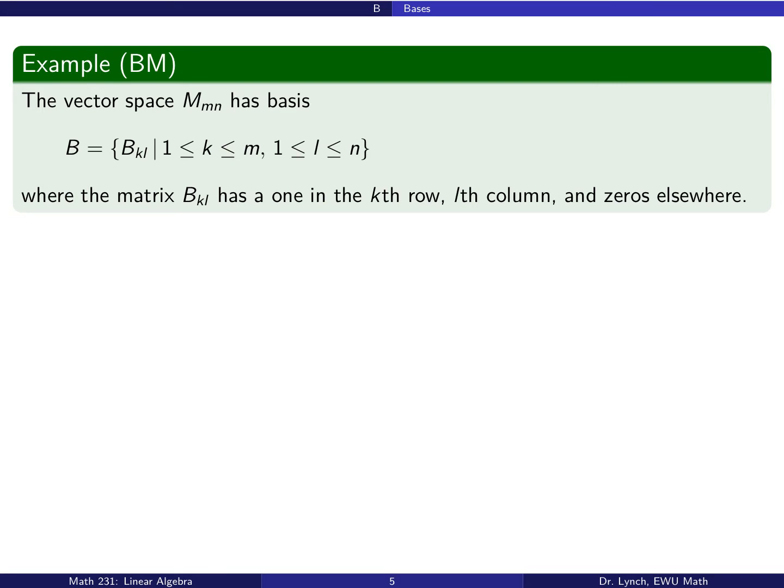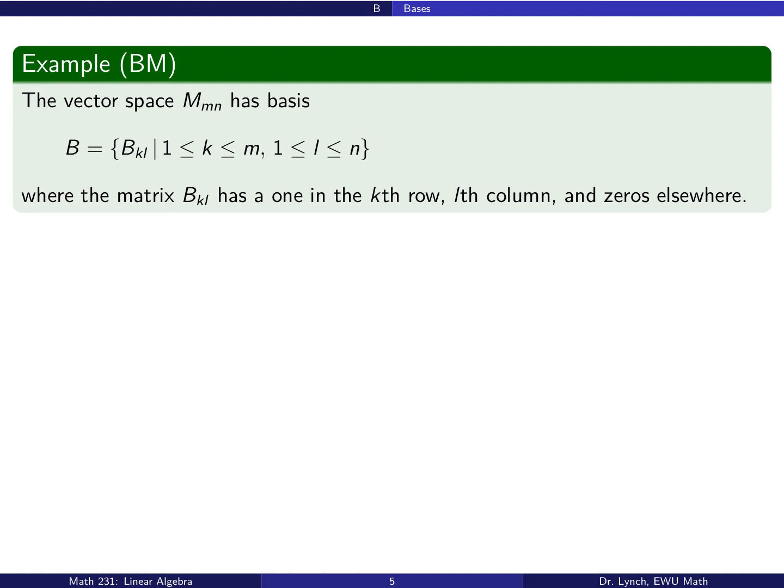Here's another example similar to the set of standard unit vectors in the vector space of column vectors. The vector space Mmn has a basis. This is the standard basis for Mmn, containing the matrices B sub kl, where the matrix B sub kl has a 1 in the kth row and lth column, and 0s everywhere else.